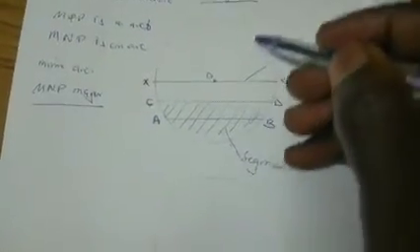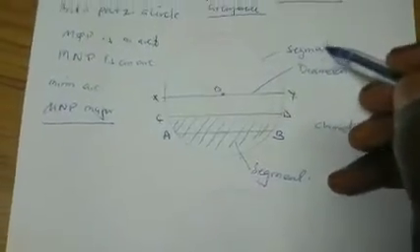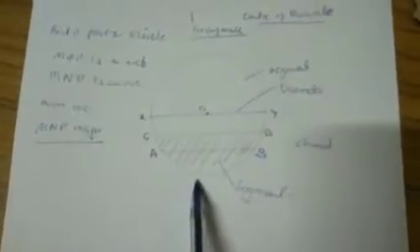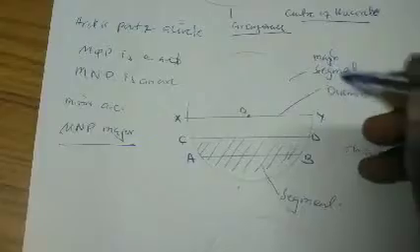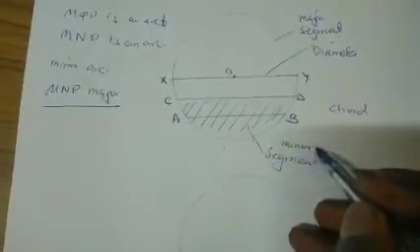And then the upper part is also a segment. So the upper part being larger than the lower part, the upper part is called the major segment, and the lower part is called the minor segment.